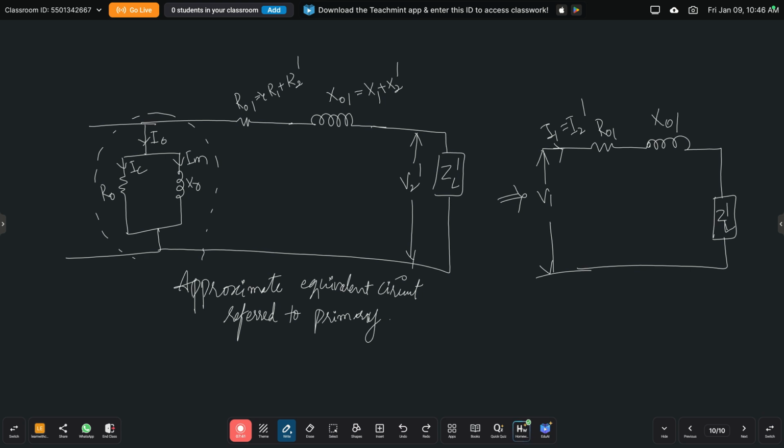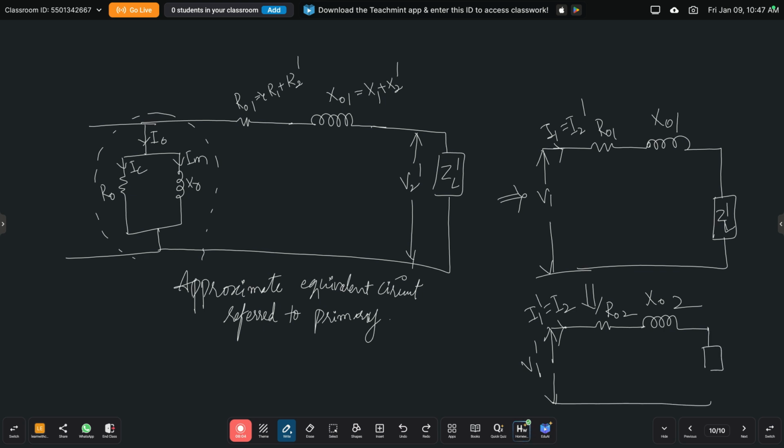In a similar manner, we can represent all the components referred to the secondary side. So we represent the resistance R02 and the reactance X02. Based on that, I1 dash is equal to I2. Then the primary is shifted to the secondary side, which we represent as V1 dash.